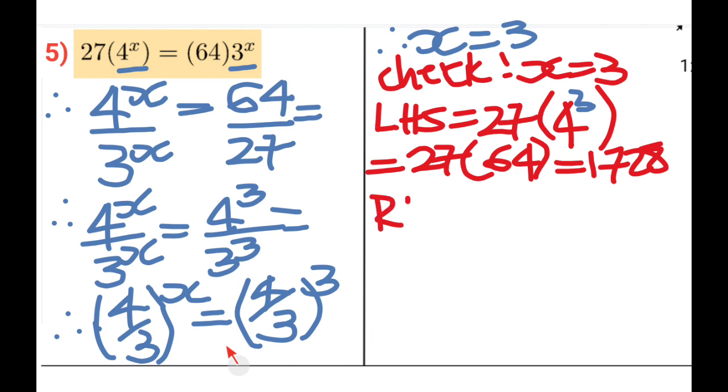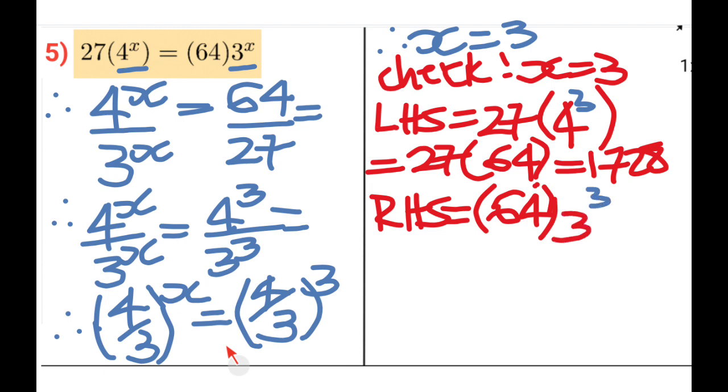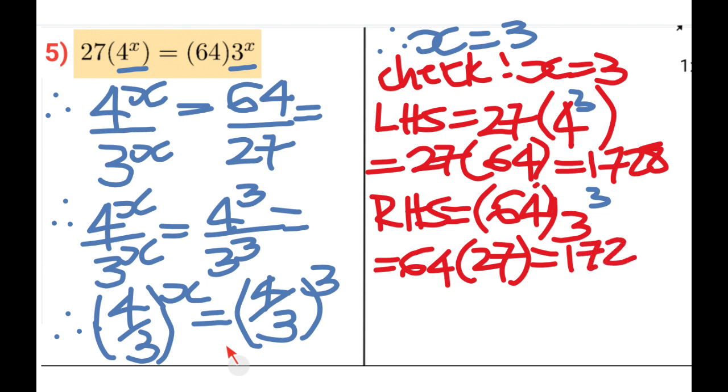Now let's check the right hand side. That is equal to 64 in bracket 3 to the power of 3. Okay, that is equal to 64 times 27, which will give us exactly the same answer, 1728.